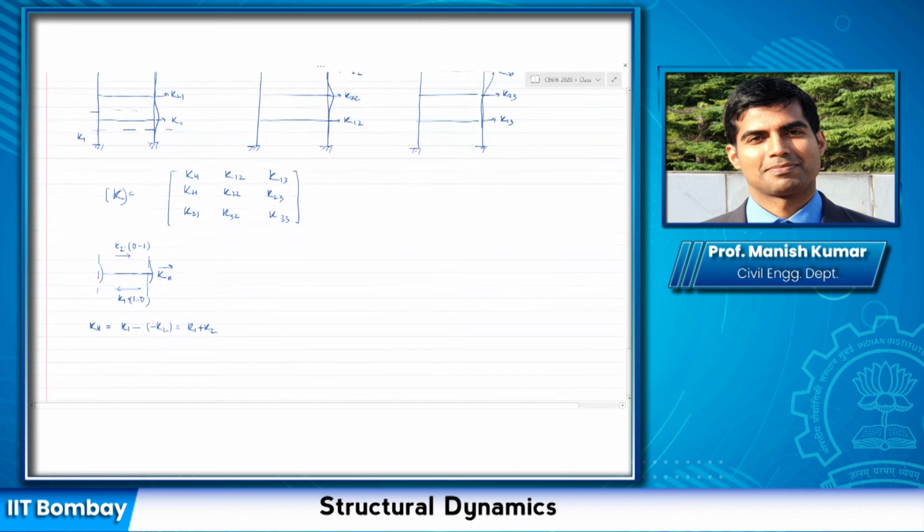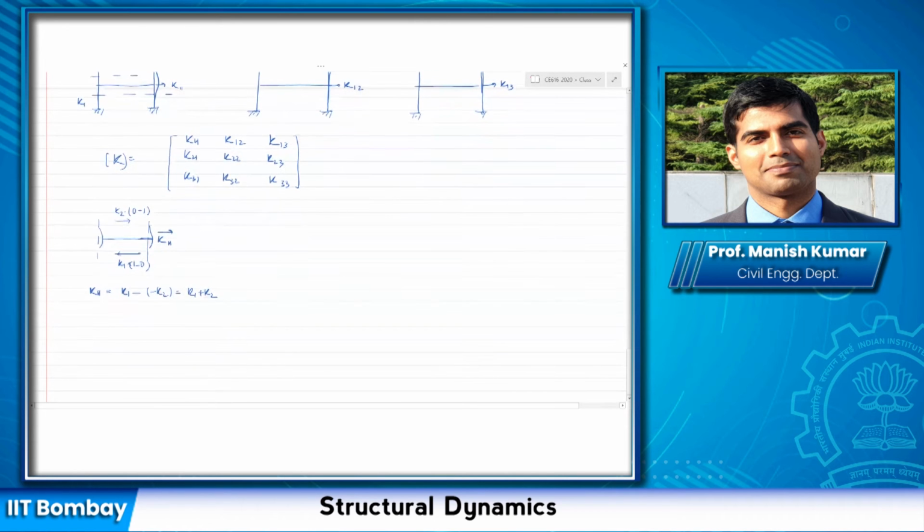Now let us go to the other story, which is just above this. Okay, so it is in this direction. So remember the same times minus 1 would be in this direction, and here because there is no displacement, it would be 0. Okay, this got a little bit convoluted here.